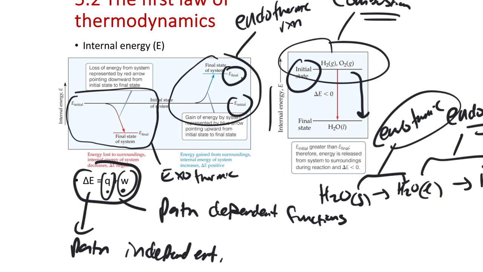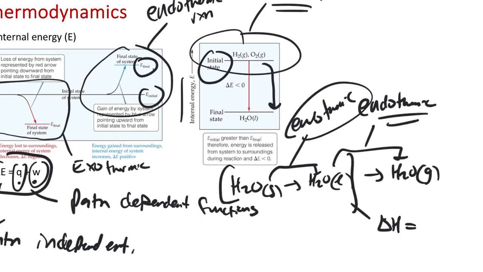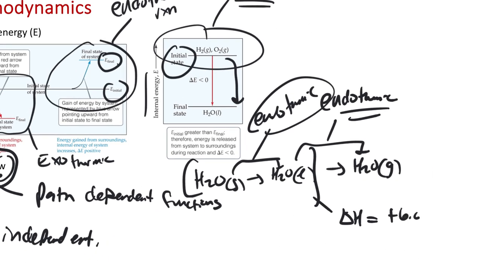But some of these things start to get us into, can we flip a reaction and understand something? Like if I told you that for this reaction, solid to liquid, and it's a term we haven't seen yet, delta H, the delta H was plus 6.01, let's say in units of kilojoules, and that this is a path-independent function as well, the delta H, like delta E, is path-independent.